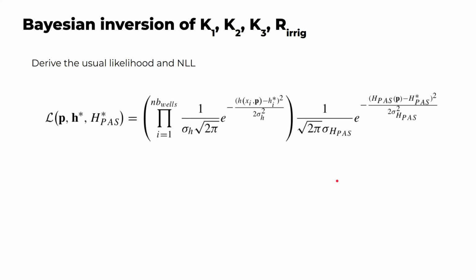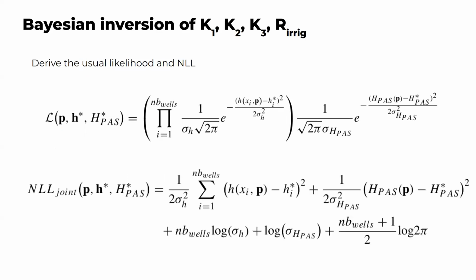And after that, you can just go around with the usual maximization of the NLL. So you write the NLL and you optimize it to get the MAP, the maximum a posteriori, the nominal value of the parameters. There's only one catch here. The sigma H pass is known, whereas we don't know the measurement error at the wells.